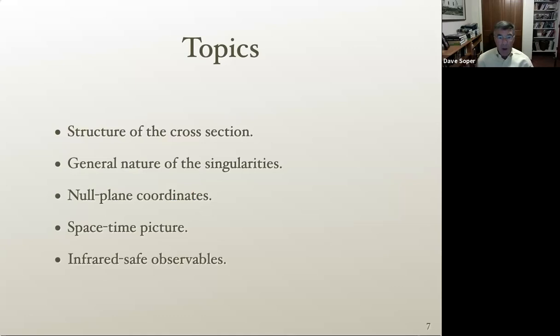So I want to talk about the structure of the cross-section, general nature of the singularities in the Feynman diagrams, and then something about null plane coordinates, which is just a tool, but it really helps you to understand things. I want to talk about the space-time picture of events, which I find is enormously helpful to guide your thinking, and then about infrared safe observables.